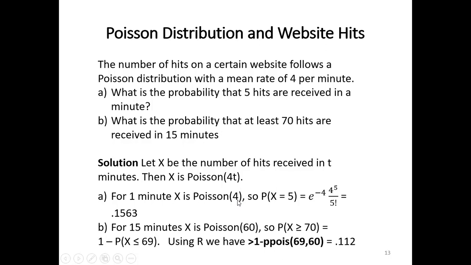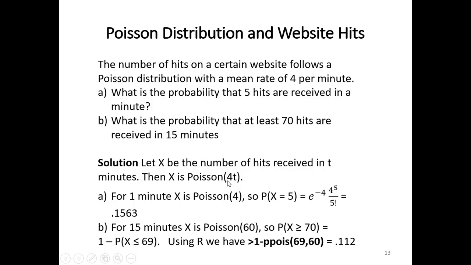So for 1 minute, we could figure out the probability that X is 5, e to the minus 4 times 4 to the 5th over 5 factorial. Simplify this, get 0.1563. If I wanted to calculate the probability of at least 70 hits in 15 minutes, well, I need to think of what my lambda is.